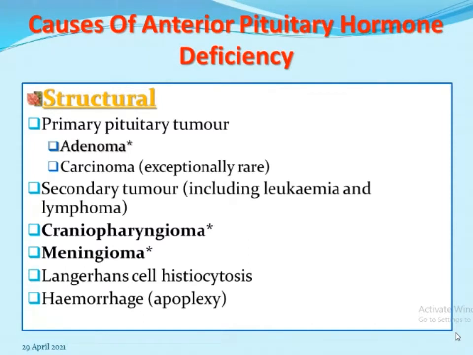So in an examination, if you have a case and the statement of previous pituitary disease or surgery is present, you can think of a possible pituitary hormone deficiency. So these are the common causes.